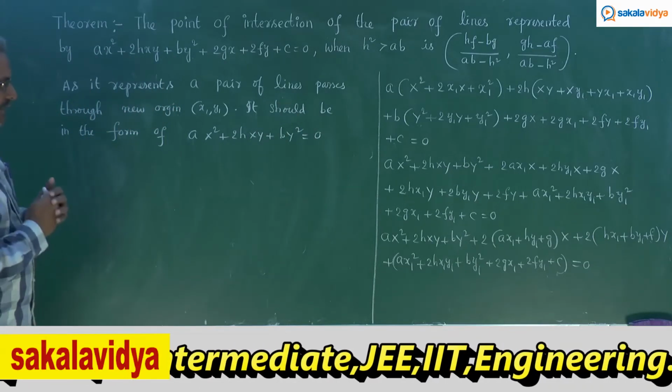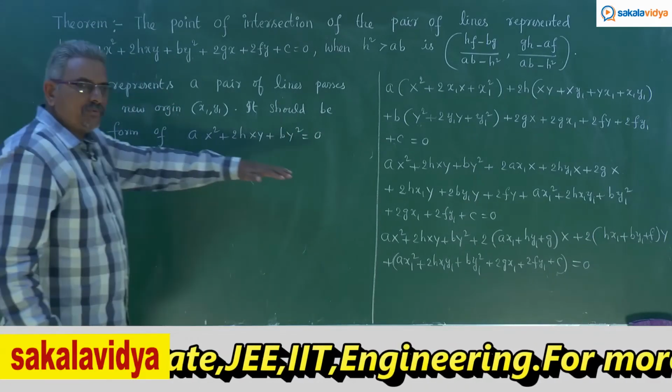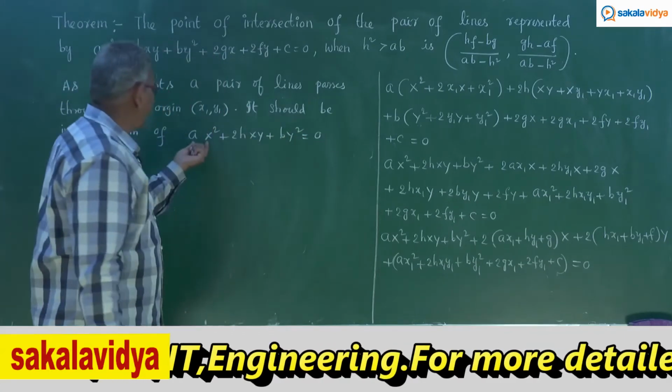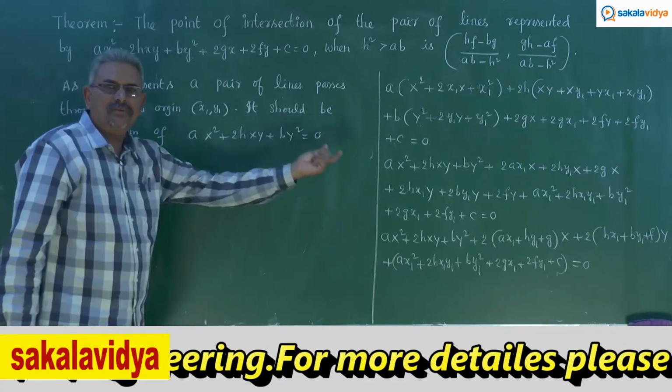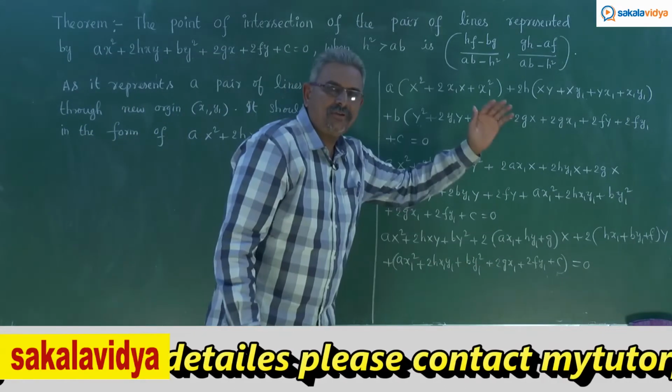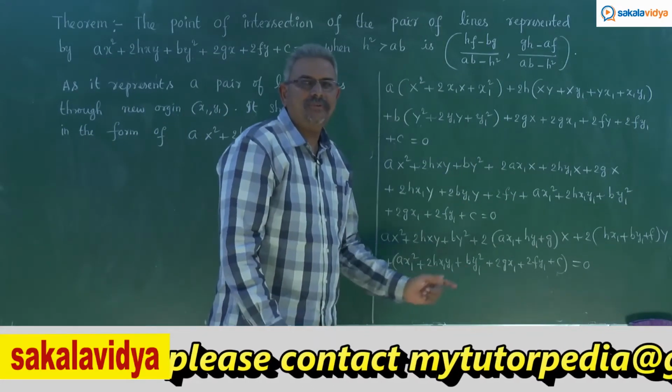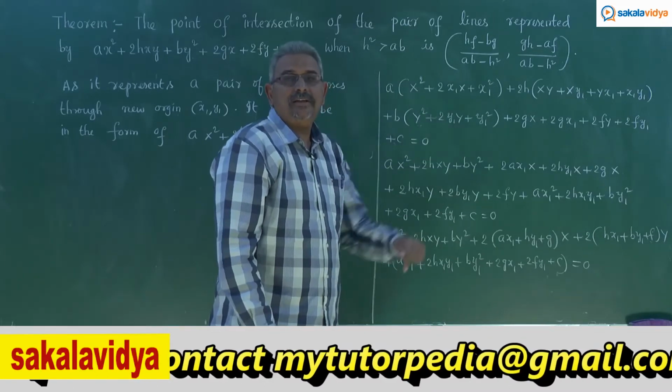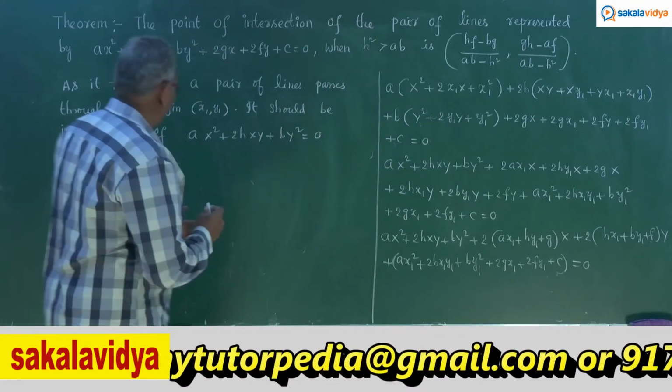So, that means now in order to keep in this form ax square plus 2hxy plus by square is equal to 0, the coefficient of capital X and coefficient of capital Y and constant terms need to be equated to 0.